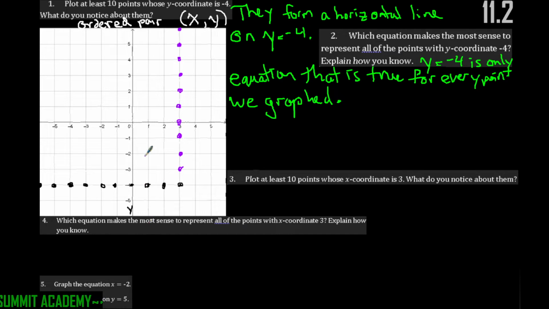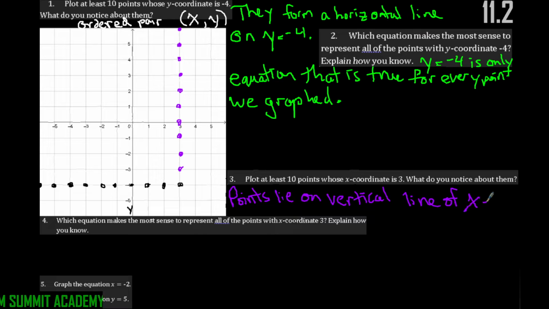And what I notice is this. I can say that all the points are on a vertical line this time, because going up and down, vertical line of x equals 3. So make sure you're understanding again, when you have y equals a number, it's going to be a horizontal line.